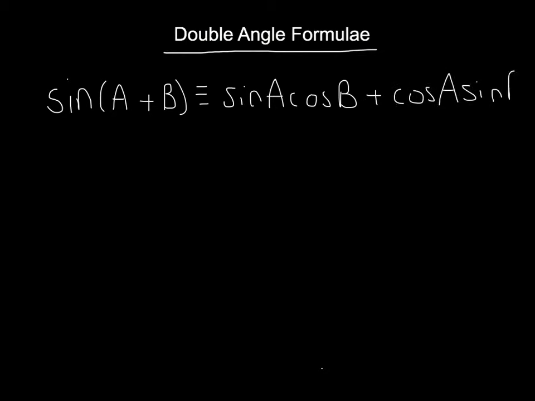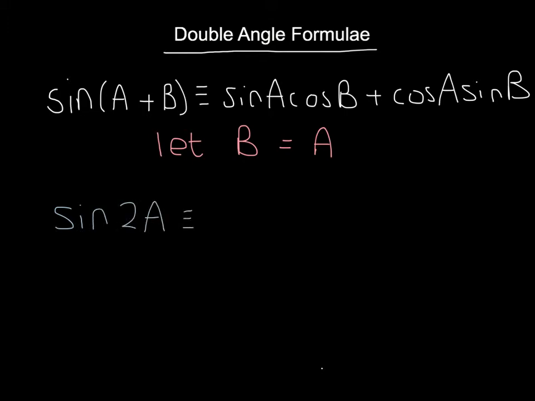Now, what we're going to do in this formula is ask what happens if A and B are the same. If we let B be the same as angle A, so they're both exactly the same size, then sine A plus B becomes sine of 2A.